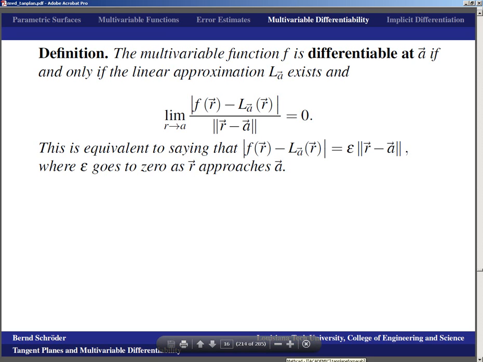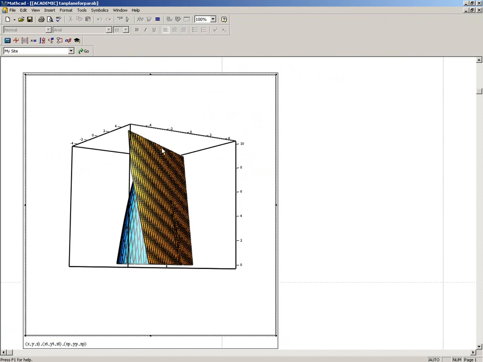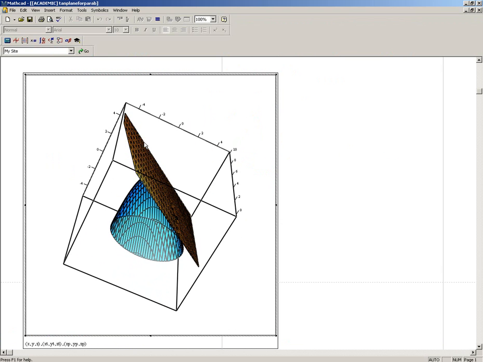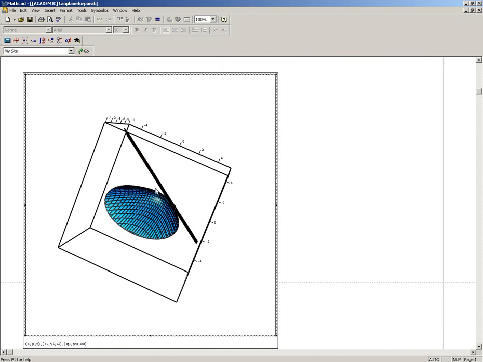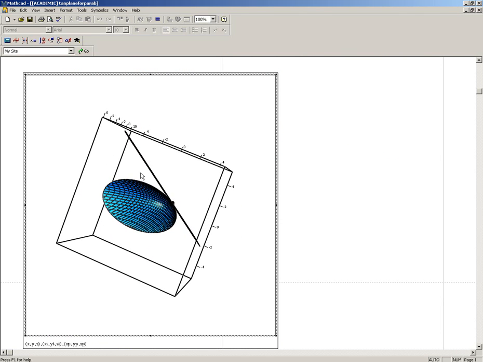And so now let's look at that again. Basically, if the difference is epsilon times r minus a, well, okay, so r minus a goes to 0 sort of like a straight line, and if we multiply that with something that also goes to 0 as r approaches a, then basically we get something that goes to 0 on the order, that's not quite technically correct, but it goes to 0 on the order of the difference to the 1 plus epsilon.